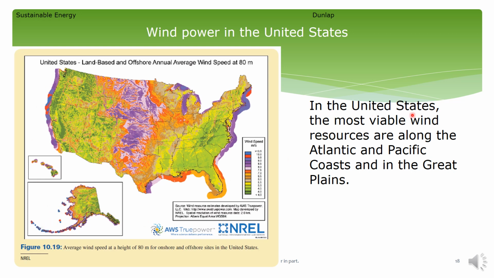In the United States, the most viable wind resources are along the Atlantic and Pacific coasts and in the Great Plains. And these sites are good candidates for wind farms.